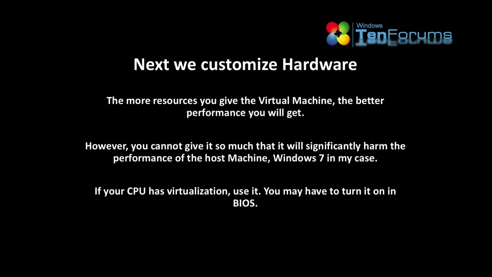The more resources you give the virtual machine, the better performance you will get. However, everything you give the virtual machine is taken away from your physical machine, so we can't give it enough resources to where it harms the performance of our host machine. If your CPU has virtualization, use it. You may need to enable it in BIOS.